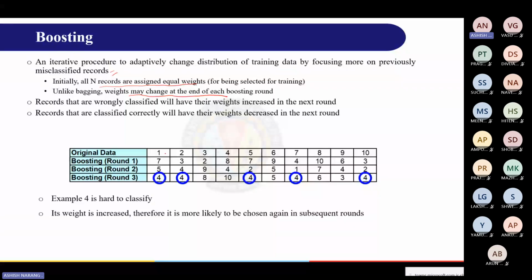This is your original data: 1, 2, 3, 4, 5, 6, 7, 8, 9, 10. Now if you look at this, 7 is picked up, 3 is picked up, 2, 8, 7, 9, 4, 10, 6, 3.